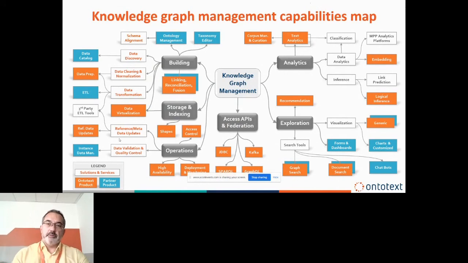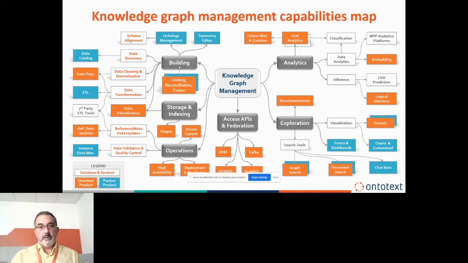Even without going into the applications, if we look at the different capabilities that a knowledge graph management platform should have to enable all these different applications, you see that's a very, very busy graph. We have plenty of things that should be possible at the phase where you're building your graph, all the way from having an ontology editor, taxonomy editor, or data catalog, or ETL tools to put the data together. Obviously, there is a need for a database engine to take care of storage and indexing and some of the operations.